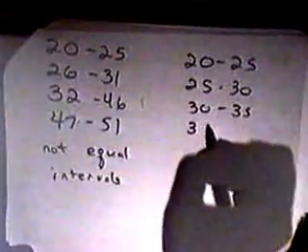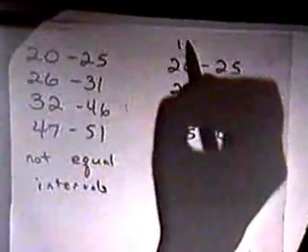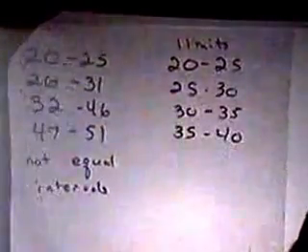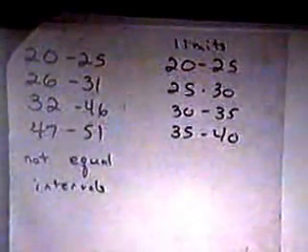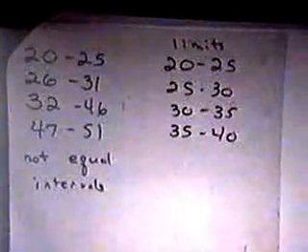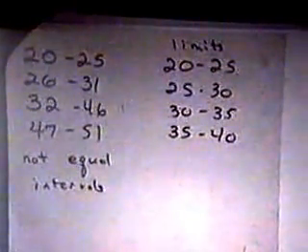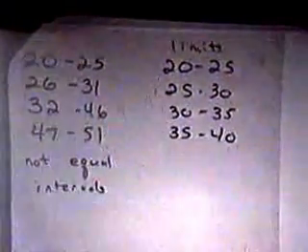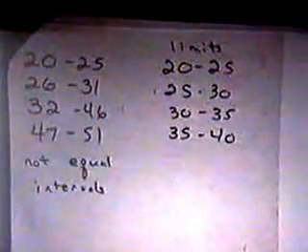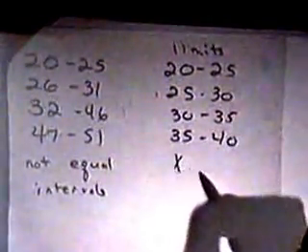Here's something else that is wrong. If these are your class limits, they should not be overlapping. 20 to 25, 25 to 30. This is wrong because you should not overlap. The wrong thing about this one is if you had a number 25, which group would you count the 25 in? Now remember, the boundaries always overlap. The limits should not overlap.